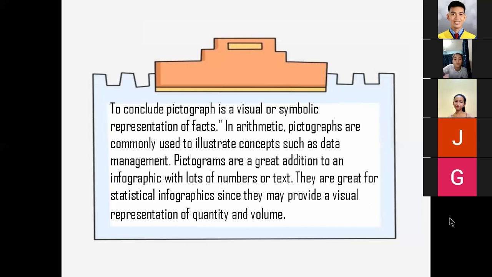They're great for statistical infographics since they provide a visual representation of quantity and volume. It is commonly thought that infographics and pictographs are different, but they are not. They are both visual representations of data.